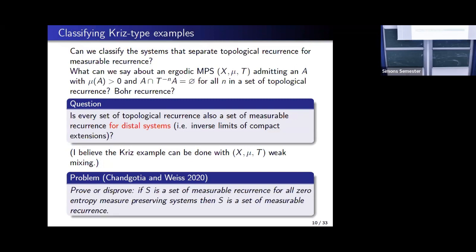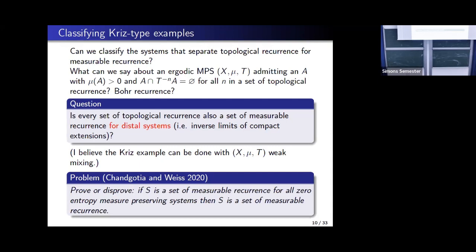so now that you know there's a set of topological but not measurable recurrence, you might wonder what measure preserving systems can realize this kind of example. And so you might ask, what can you say about an ergodic measure preserving system admitting a set of positive measure that never comes back to itself for every n in a set of topological recurrence, Bohr recurrence?